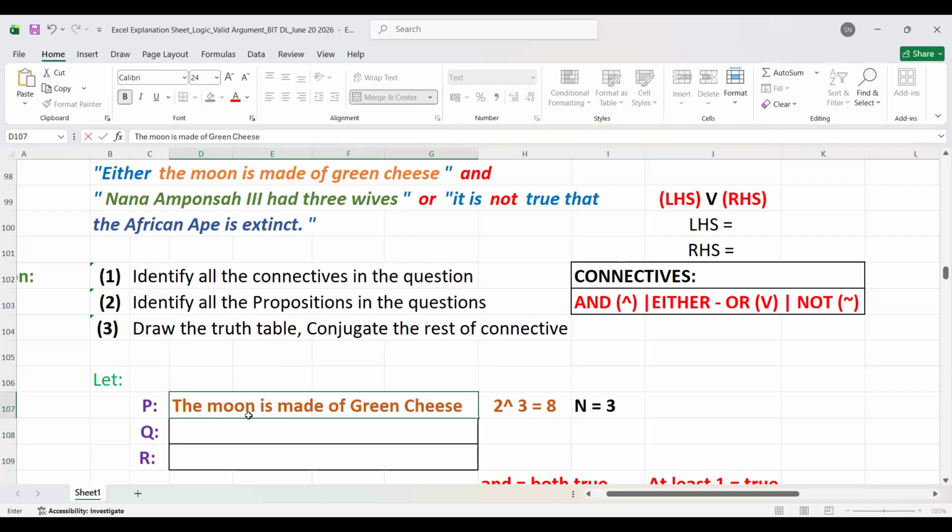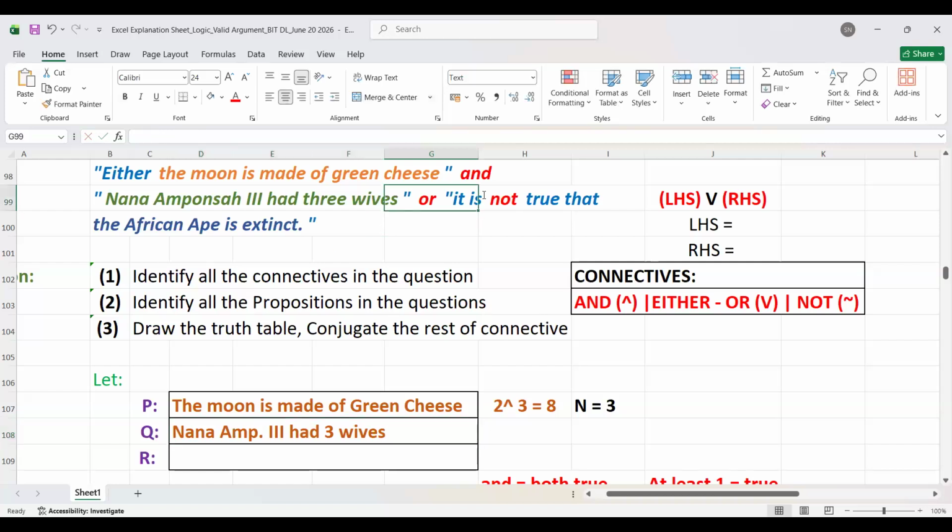Then if you remove and, what is the next proposition? Nana Aponsa the third had 3 wives. Now, if you remove the word or and the word not, what will be your third statement?